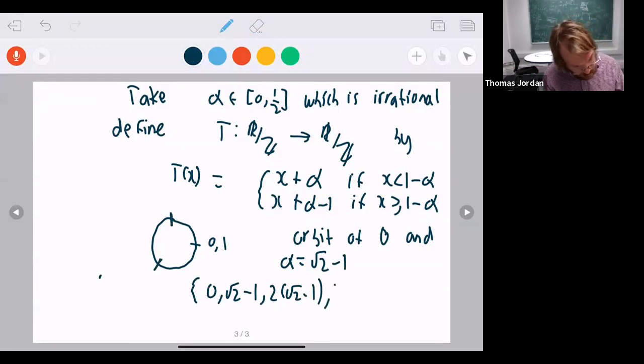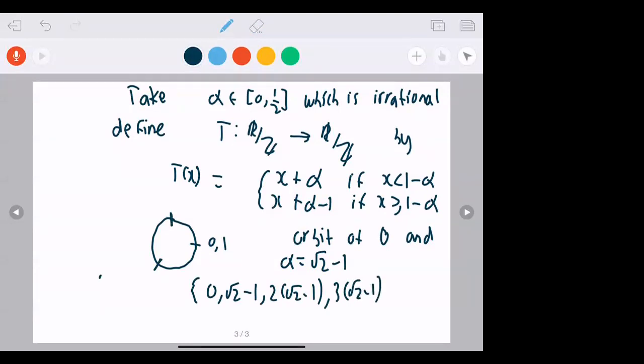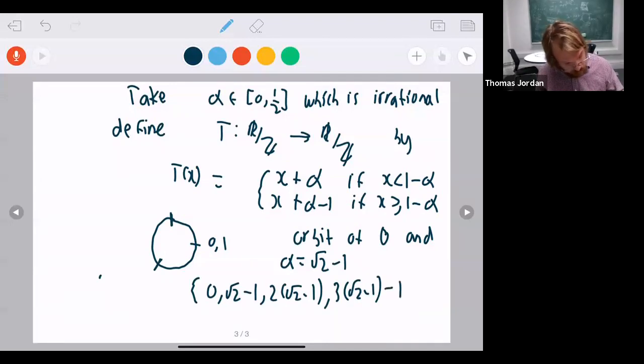But then the next time we'd be at 3 root 2 minus 1, and we'd go back past 0. And so at this point, we need to subtract 1. So it'd be round here somewhere, and then we'd keep on rotating. So that would be our circle rotation.